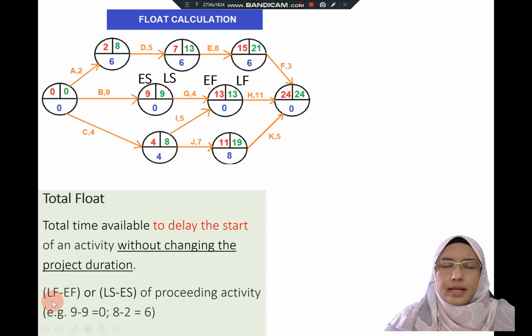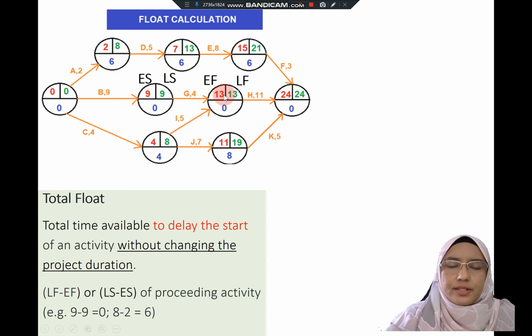The method to calculate total float is late finish minus early finish. For activity G, the late finish minus the early finish, 13 minus 13, that is where you get 0. Or you can also subtract early start from late start, and it also will get 0.